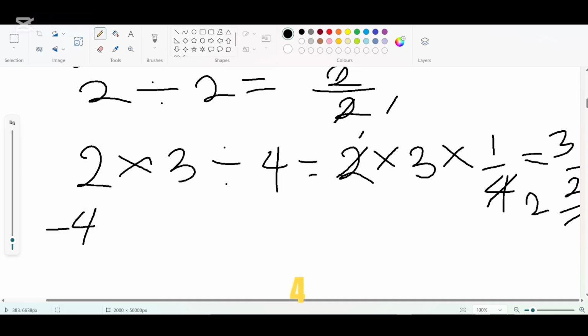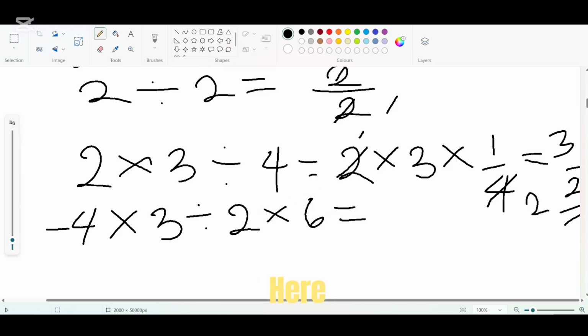Plus 4 times 3 divided by 2 times, let's say 6. Now what do we do here? So at this point, these numbers, we can easily convert the division to multiplication.